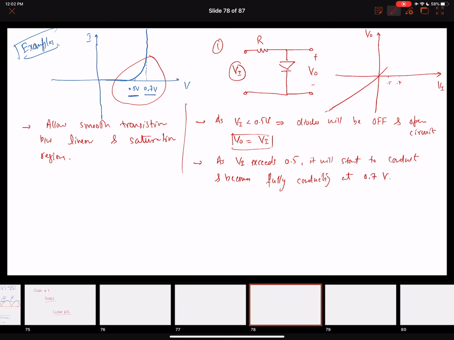And at this point in time, our output voltage becomes equal to 0.7 volts and will become constant. So at 0.5, it will start to conduct, and there will be a smooth transition between 0.5 and 0.7, and then there will be a saturation.